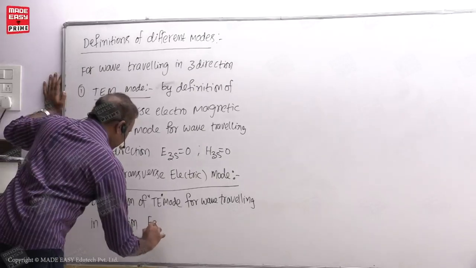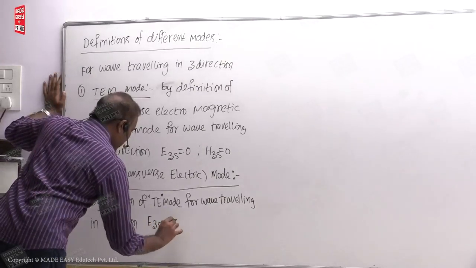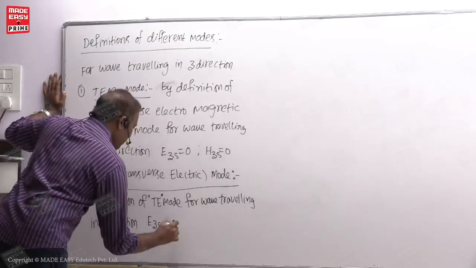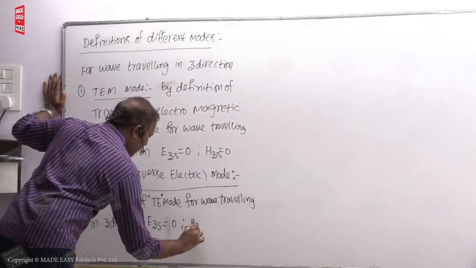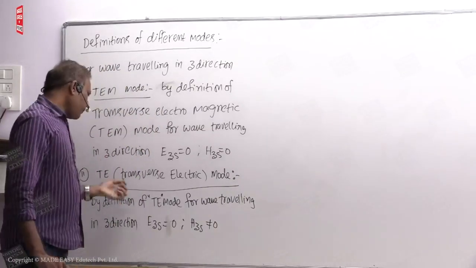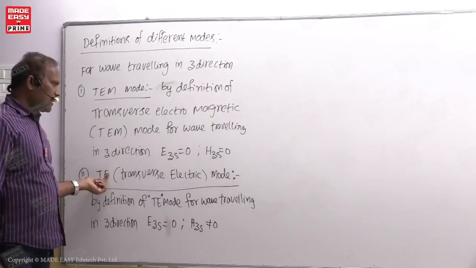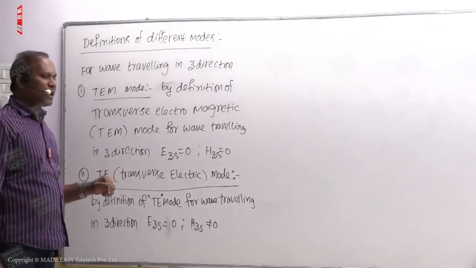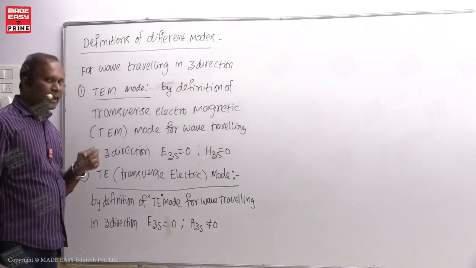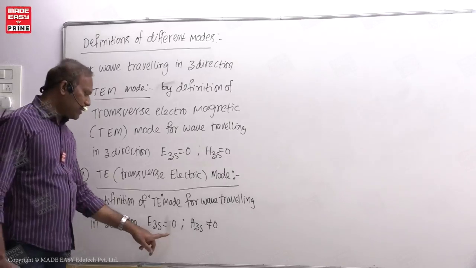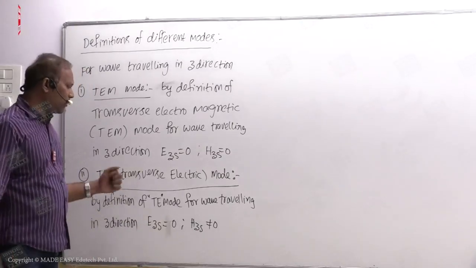So the electric field z component should be 0, but for the magnetic field z component, there is no condition, it is not equal to 0. So transverse electric means the electric field should be 90 degrees to the wave propagation direction, that is z direction. That means electric field can have x and y components, but it should not have z component. That is the definition of that one.